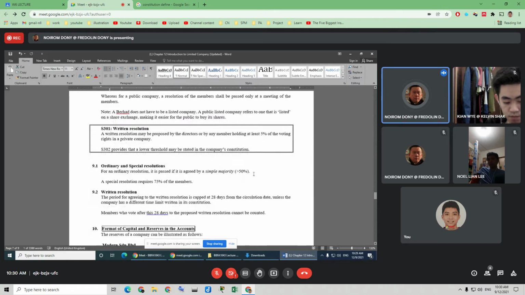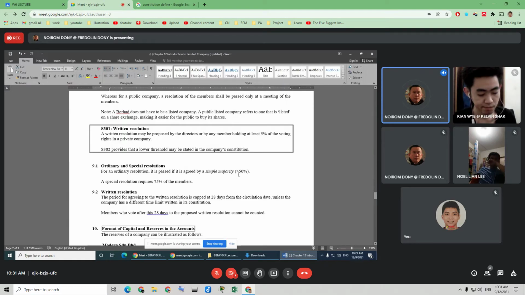Ordinary and special resolution. An ordinary resolution is passed if it's agreed by a simple majority. These are like our guide for when to have a resolution. We call it an ordinary resolution when we only manage to get a simple majority, meaning more than 50%.